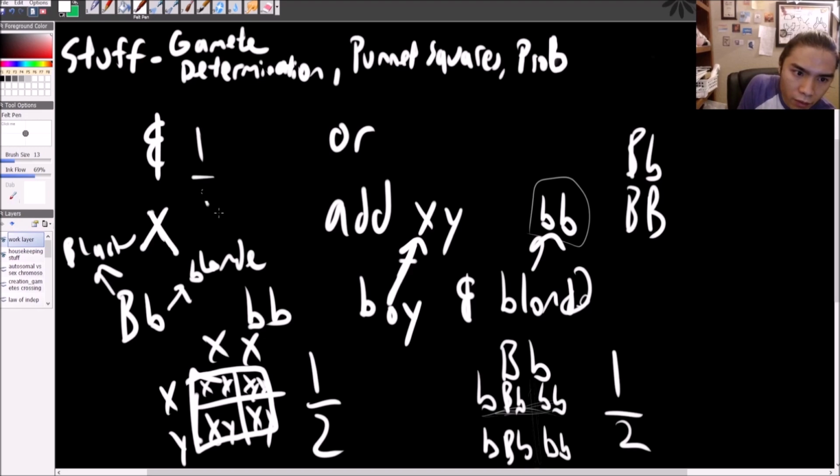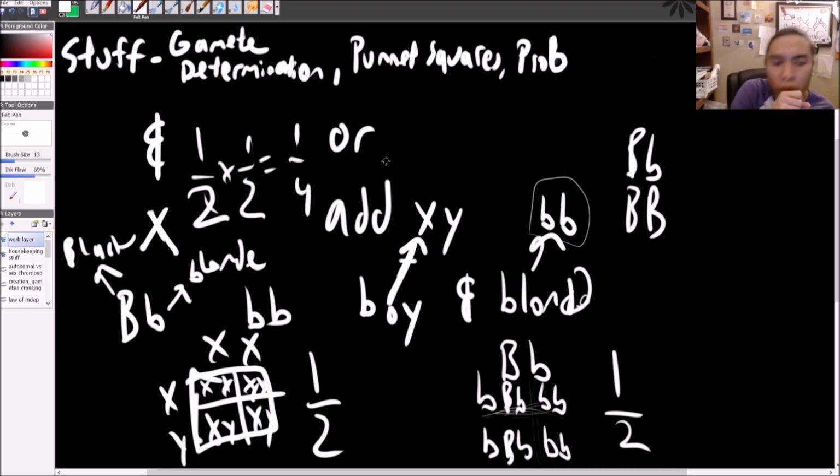So 1/2 times 1/2. Okay, there is a 25% chance that this couple will have a boy that is blonde. It might ask you three things, and you can just make three separate Punnett squares and then multiply them together.